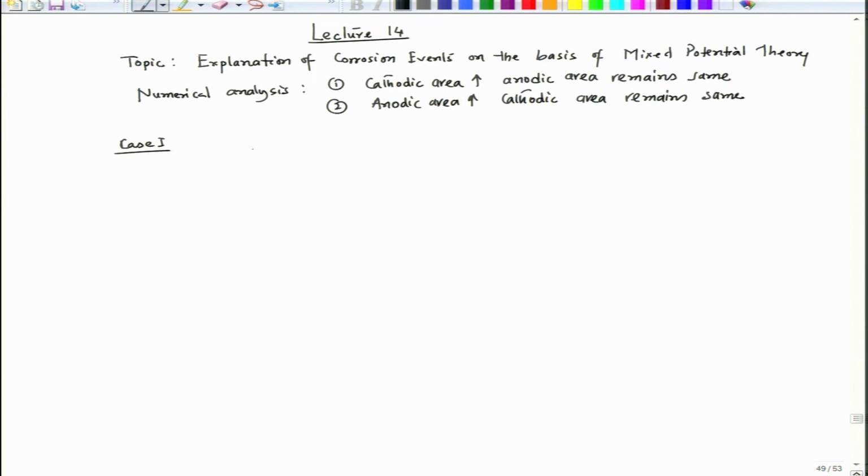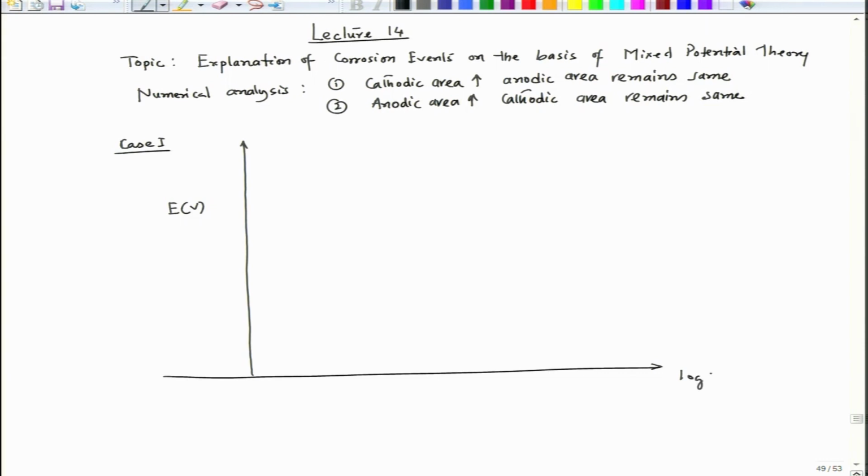Now, if we try to draw the diagram, here we have to draw log I, capital I. Remember, here we have to consider current in order to understand the area effect. Our choice of solution is such that hydrogen evolution is our reduction reaction, at pH 3.